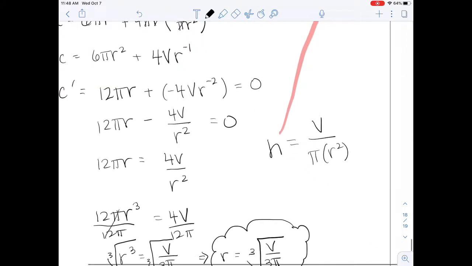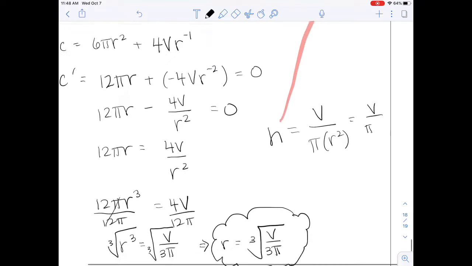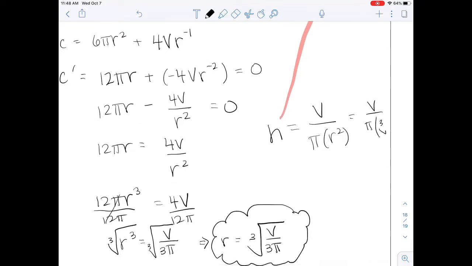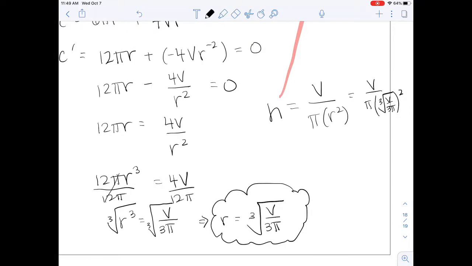And so we're going to have volume over pi times the cube root of v over 3 pi, squared. And so this would be our height. You can simplify it from here, but I will say this is fine to leave.